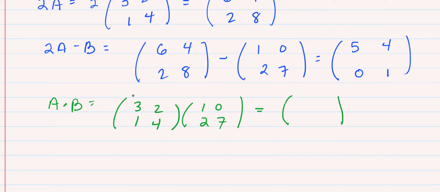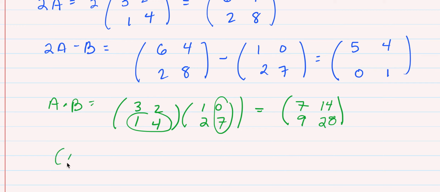We get row 1 times column 1, so 3 plus 4, that's 7. And then row 1 times column 2 will be 14. Row 2 times column 1 is 1 plus 8, that makes it 9. And then row 2 times column 2 is 28.